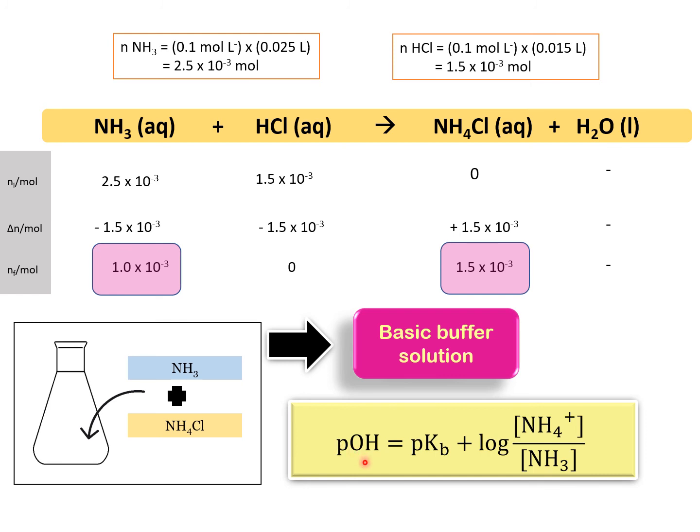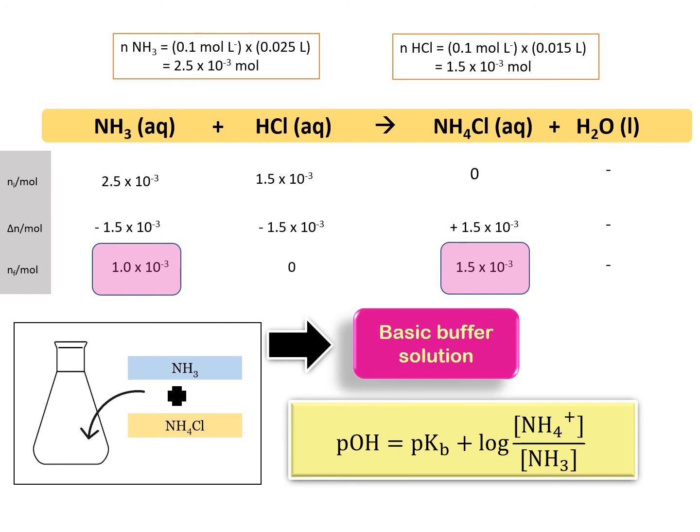Okay. Instead of pOH, dia pakai pH. Bila awak pakai pH, masalah awak adalah awak tak ada nilai Ka. Equation pH, pH equals to pKa. Do you have Ka here? No. You only have Kb. So, bila ada Kb, inilah equation awak. Mesti yang ini. Okay, please be very careful. Be very mindful of this.